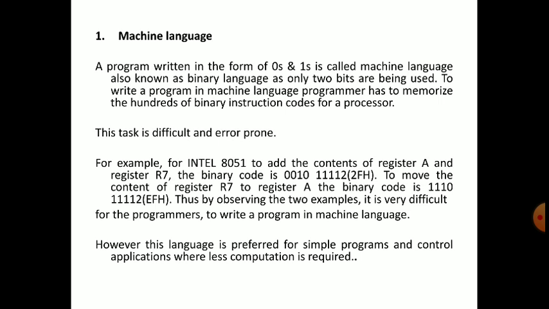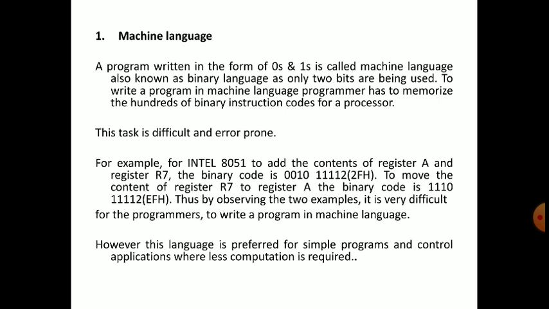The machine can understand these zeros and ones very effectively, fast, and accurately compared to humans, that is, we users. So it is also called binary language because we use only the 2 digits, 0 or 1.